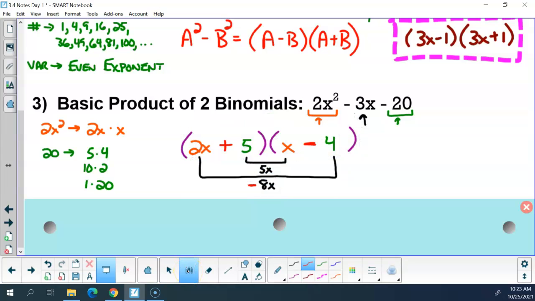So this one, in its final factored form, would be 2x plus 5 and x minus 4.